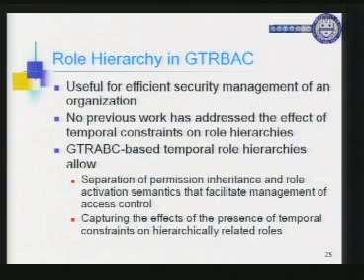Now let's quickly overview role hierarchy. We needed to revisit role hierarchy because now we have roles with time constraints, and once roles have temporal duration, how two roles related through a hierarchical relation change the inheritance semantics.